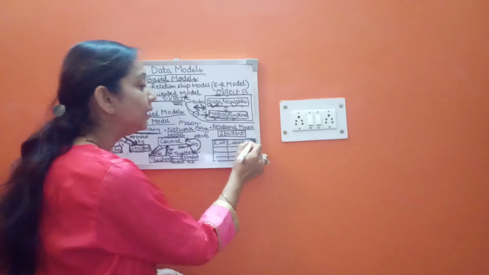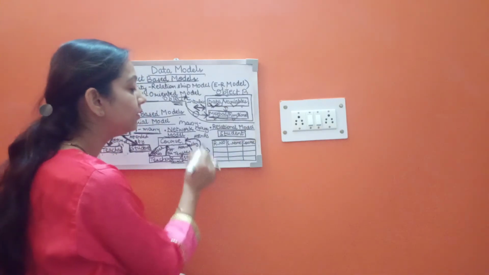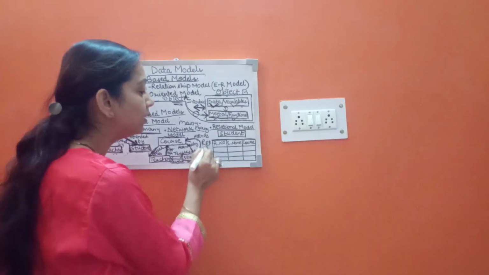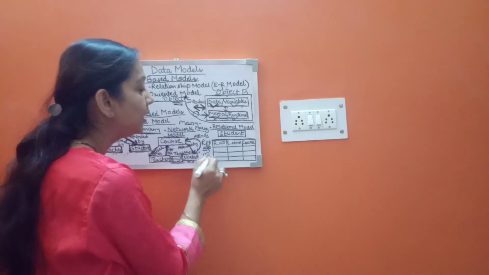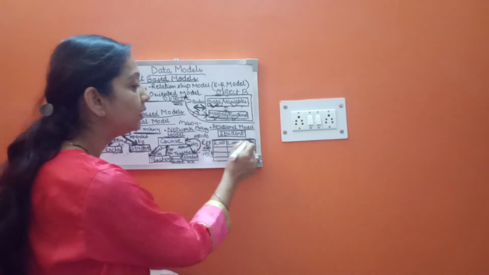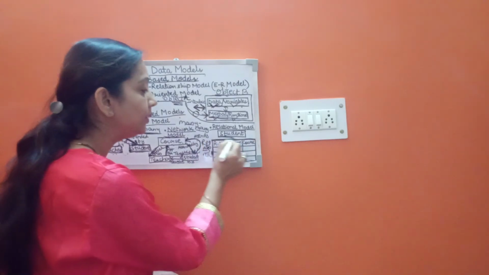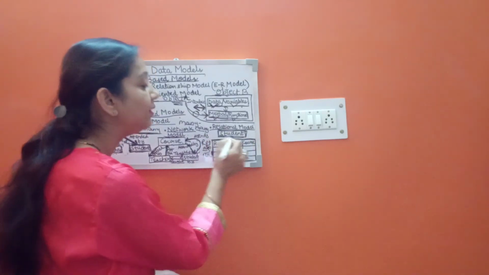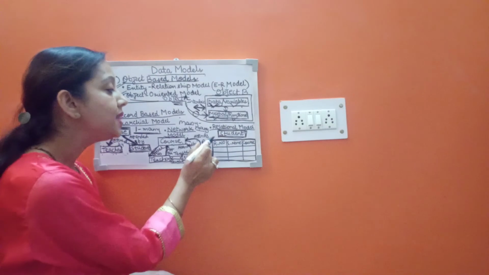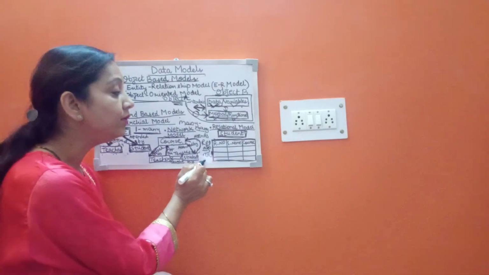This table is known as a relation. In terms of the DBMS, in a relational model, when we make a table to store the records, that particular table is known as a relation.